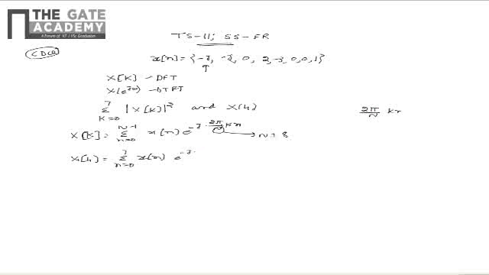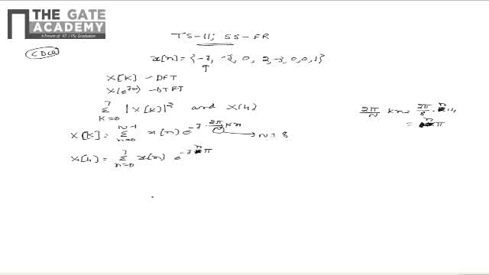Upon simplification, 2 pi by N kn can be written as 2 pi by 8 multiplied by k multiplied by 4. So this finally can be simplified as k pi. So we can write that X of 4 is equal to sigma n equal to 0 to 7 x of n e power minus j k pi. Sorry, this is k equal to 4, so this will become n pi.